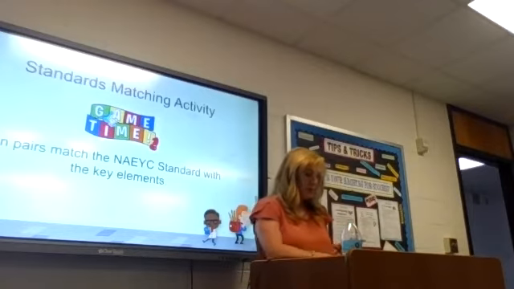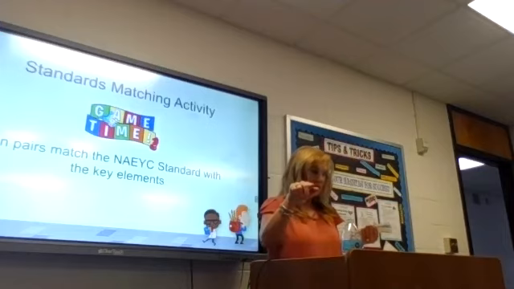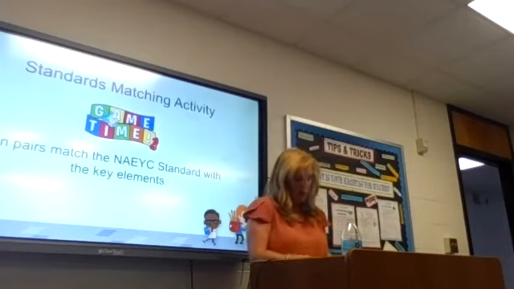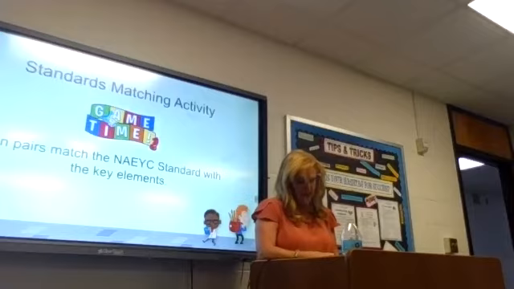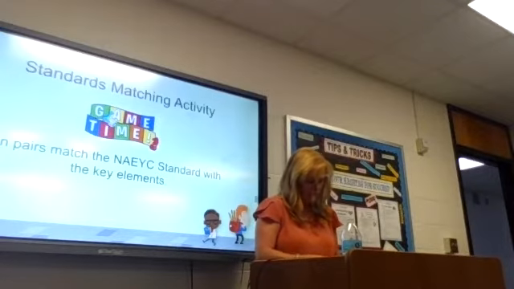So what you're going to do is I want you to look through the standards, and I want you to put the objectives that go with the standards. So that one, let's see. I'm trying to find one.